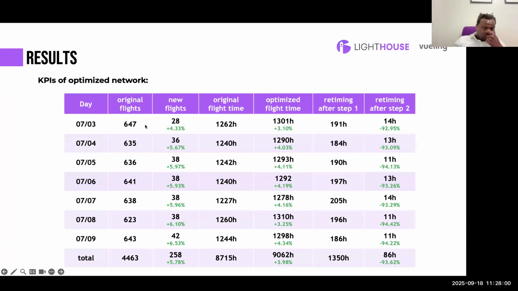Here we can see that by solving close to 4K flights, we achieve adding close to 6% new flights to the original network. We also optimize the flight time by close to 4%.